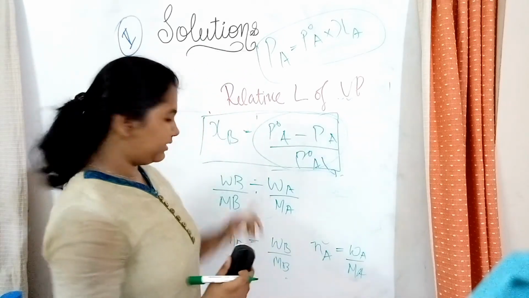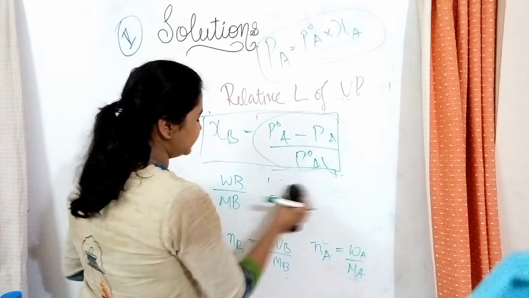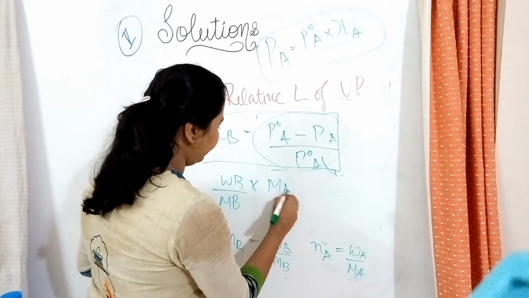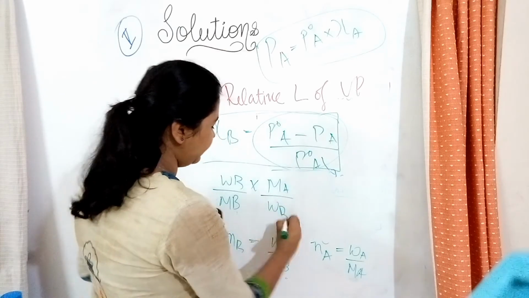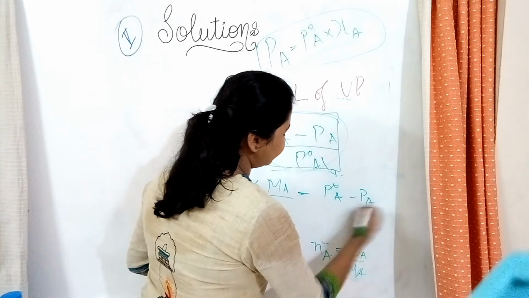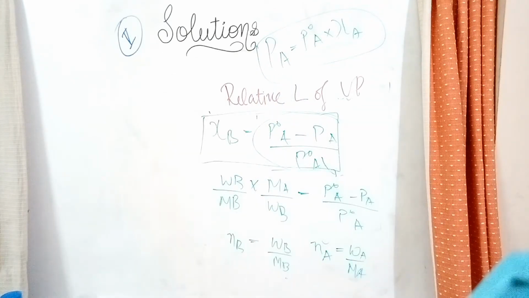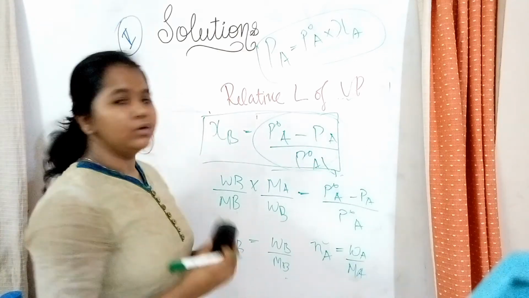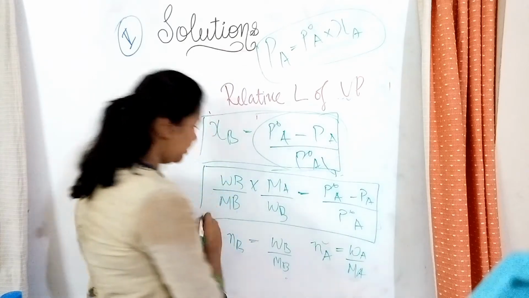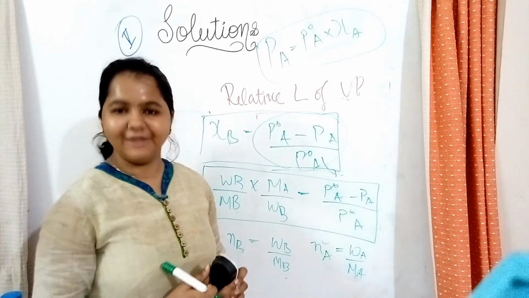So what would you do to remove this division? Simple. You will multiply by the reciprocal. So multiplied by Ma divided by Wa is equal to P0A minus PA divided by P0A. So this is our final equation for what? Our first colligative property, relative lowering of vapor pressure.